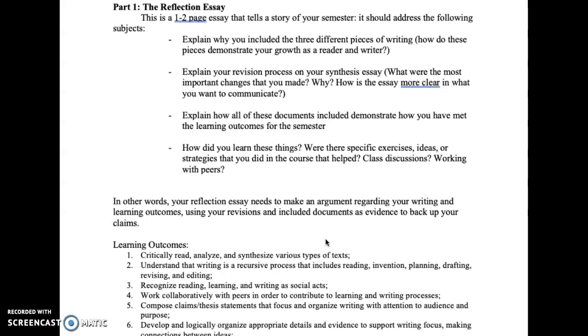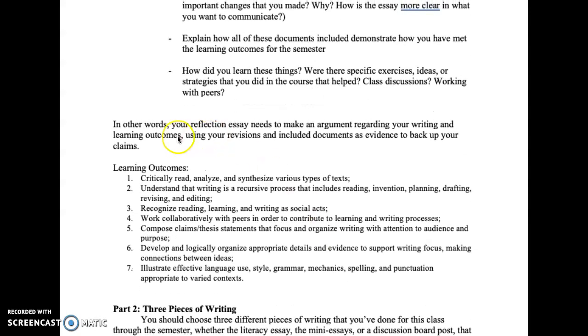Thirdly, explain how all of these documents demonstrate how you've met the learning outcomes for the semester. And if you need a refresher on the learning outcomes, I've included them right here. So you need to explain how the pieces you've included have shown that you met these outcomes. So how can it show that you know how to critically read, analyze, and synthesize texts?